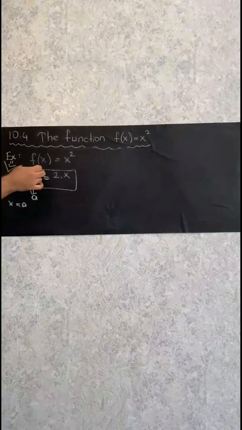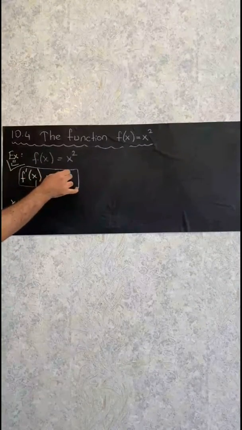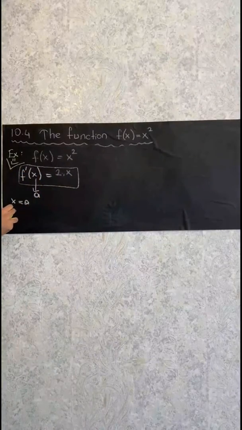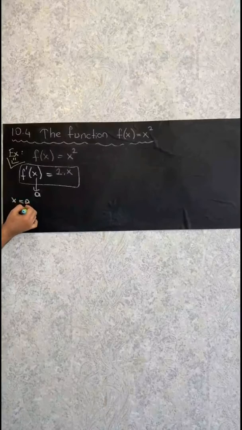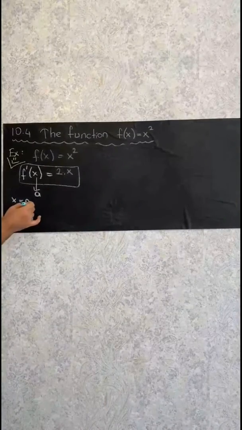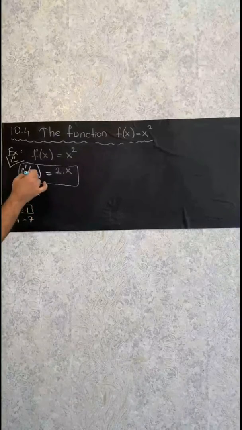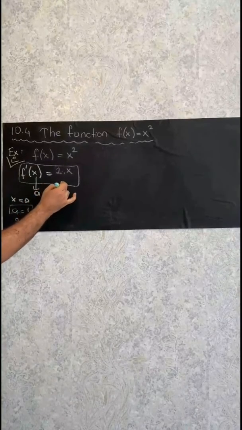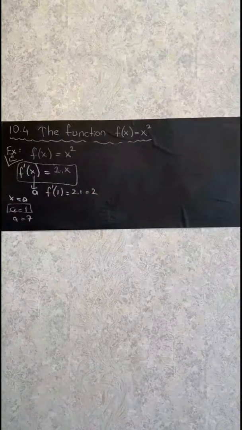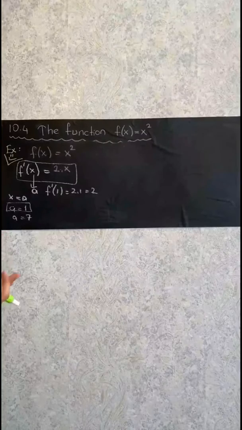f of x equals x squared, yes. You can take the derivative with respect to x, and if a is a constant number, 1 or 7: if you take 1, f prime of 1 equals 2 times 1, the answer is 2, so we can say the slope is 2.